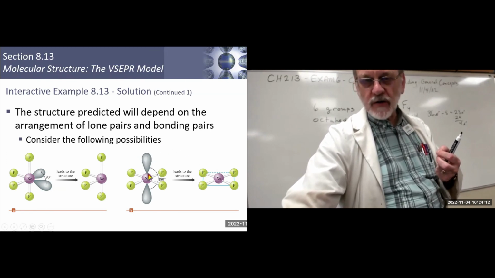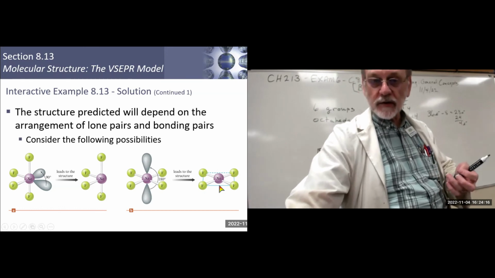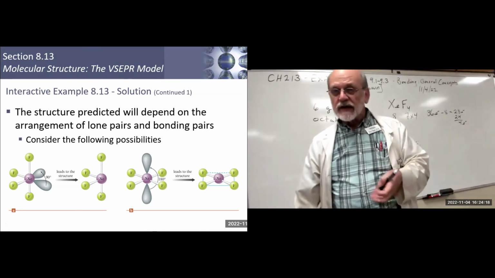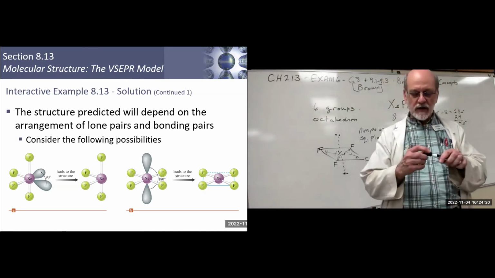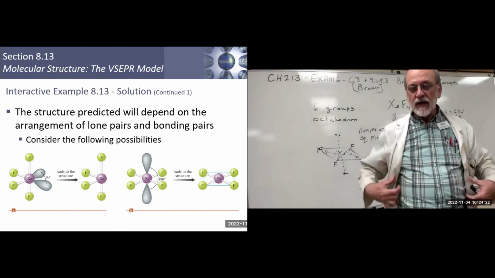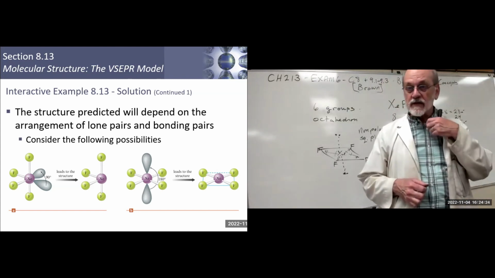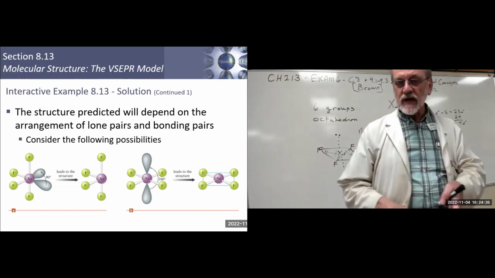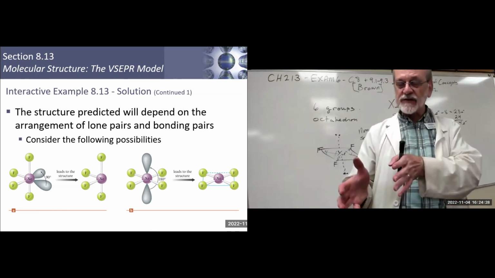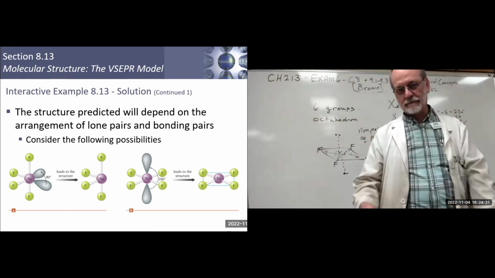If the lone pairs are at the apexes, then the molecule is square planar and it's nonpolar. And all you have to do is measure the polarity of the molecule, which can be done, and you find that it's nonpolar, which means the right-hand side, the B possibility, is the correct one.